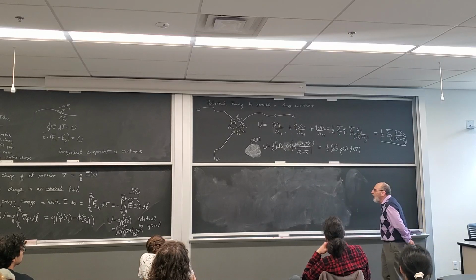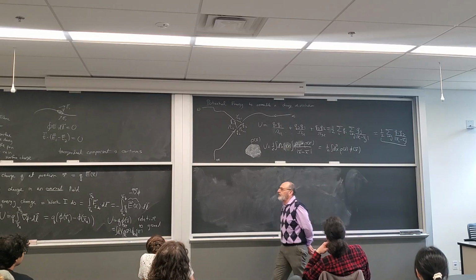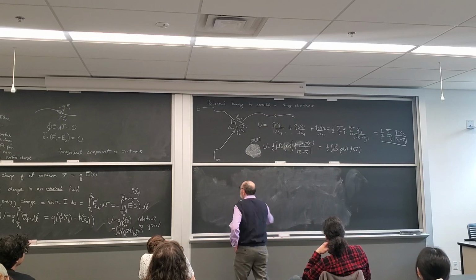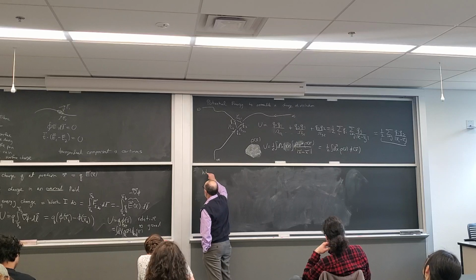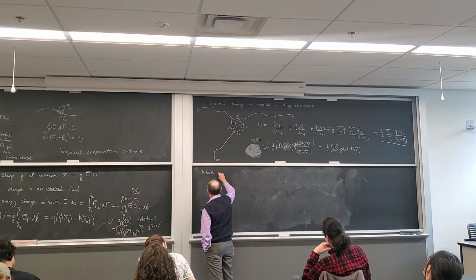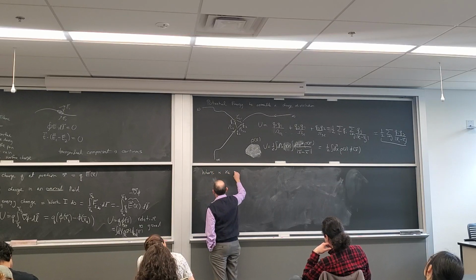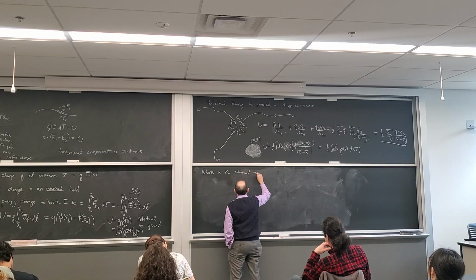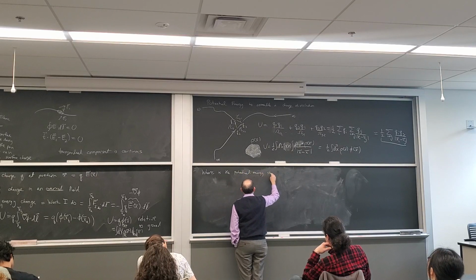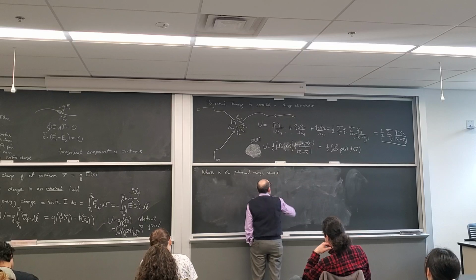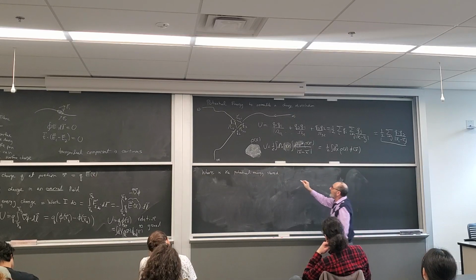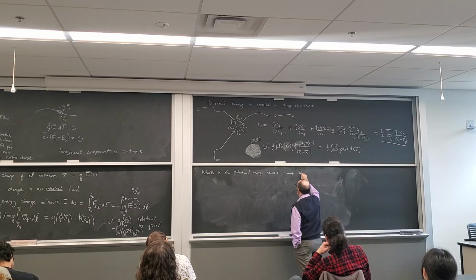Now, an important concept that arises is, where is this potential energy stored? Well, there's one way to think about it, which is that it is stored in the field.